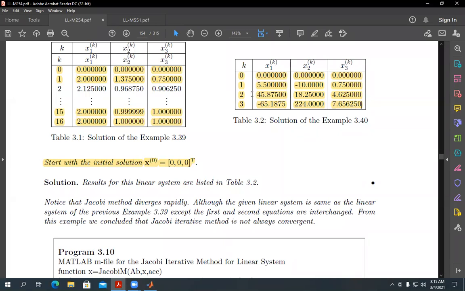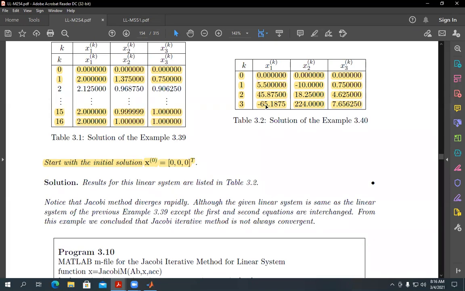You can see when we use the formula the second time, we have a very big difference between the previous and the new one. And when you use it the third time, we have a big change again. It means something is wrong, and the wrong is that the Jacobi method for that system is diverged. So now we have a simple rule for the Jacobi method.